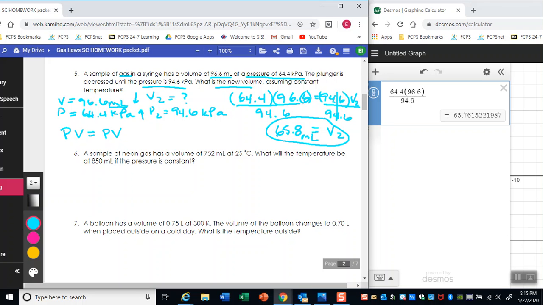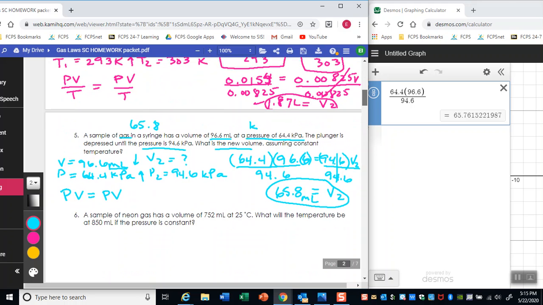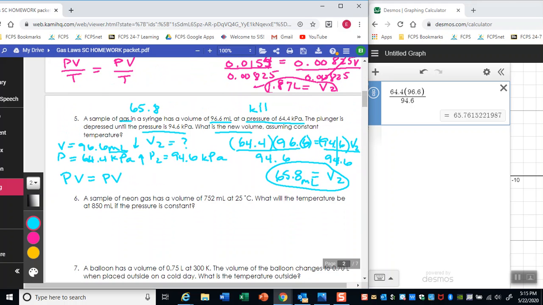Just as a little refresher, say you had a multiple choice and the answer was in liters. If I have 65.8 milliliters, how many liters is that? So remember King Henry died by drinking chocolate milk. If I have milliliters and I'm going to liters, your base is liter.